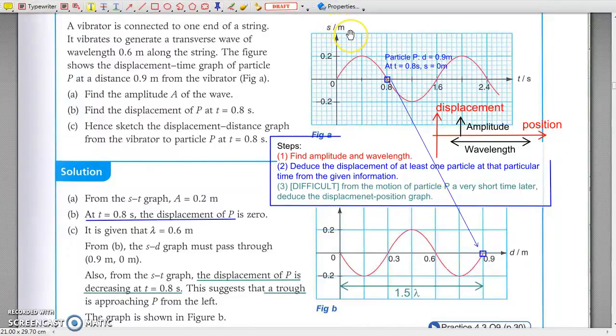From the given displacement time graph, we can see that particle P will move downward a short time after t equals 0.8 seconds. And so we may tell a trough is moving towards P at t equals 0.8 seconds. Thus, the displacement position graph can be completed.